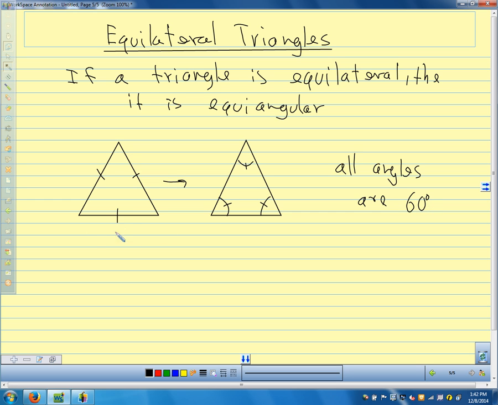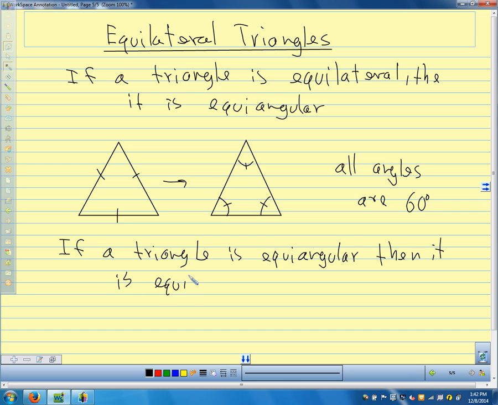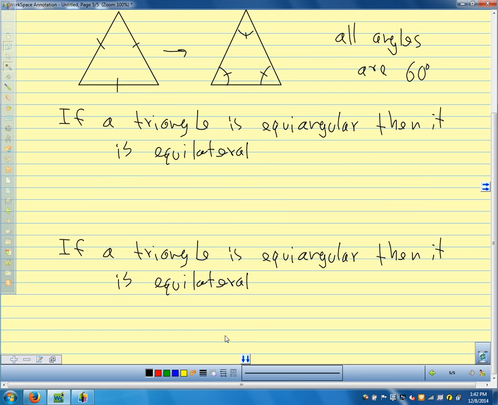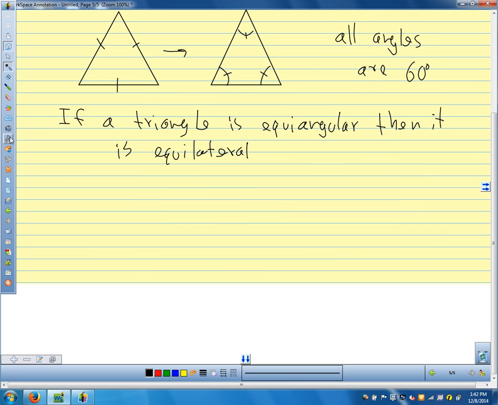And we can go the other way as well. If a triangle is equiangular, then it is equilateral. And the diagram, the picture would look just like this one, going in the opposite direction.